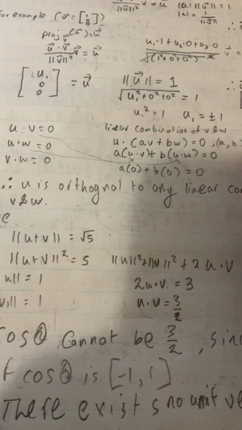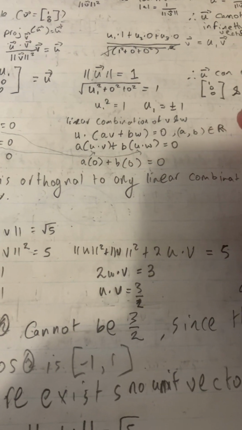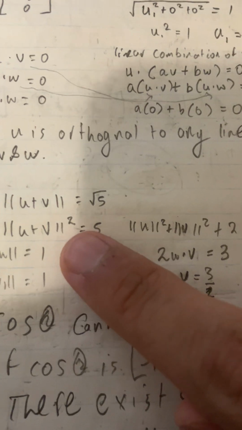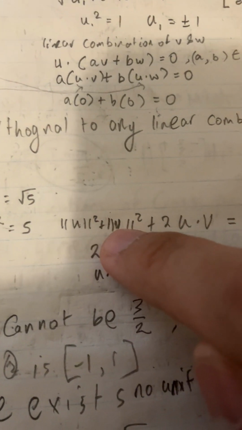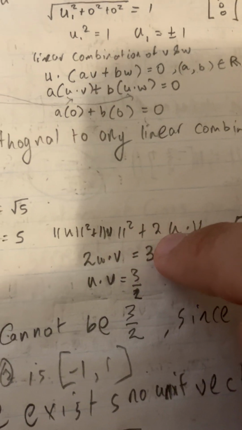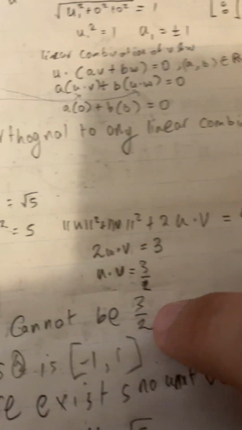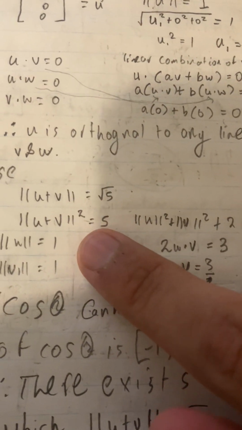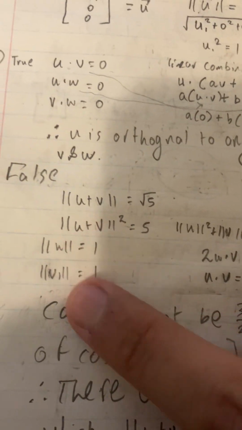And from the equation of the magnitude of A plus B squared, we can distribute this into the magnitude of U squared plus the magnitude of V squared plus 2 U dot V, which is equal to 5.